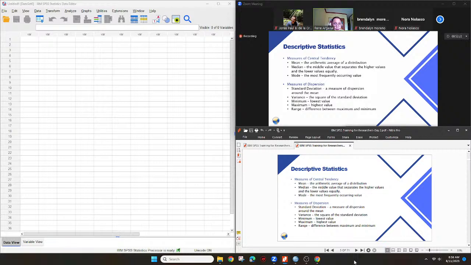However, if you use the median as the measure of central tendency, then you have to disperse it with the use of the quartile deviation.